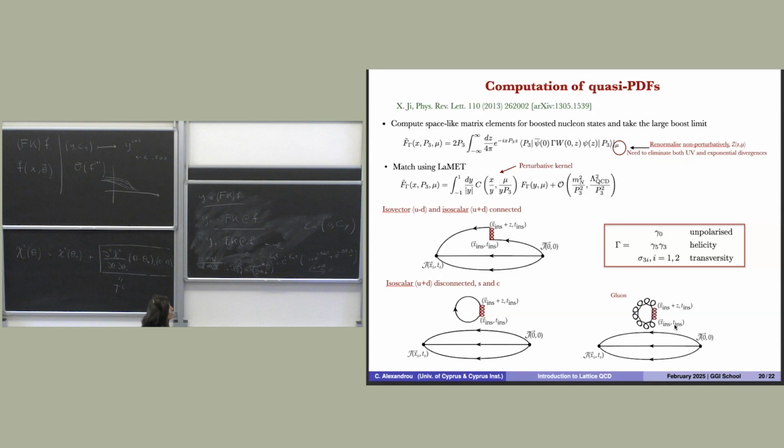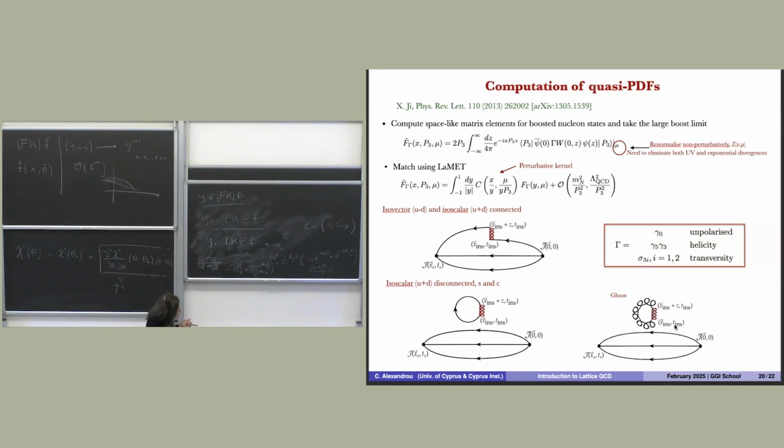So you can compute on the lattice spatial correlation functions and boost them. You have to apply a boost, so it's a non-trivial calculation on the lattice. And then you get the physical ones by applying a perturbative matching, provided the boost is large enough compared to the nucleon mass and lambda QCD. So now we can compute these matrix elements.